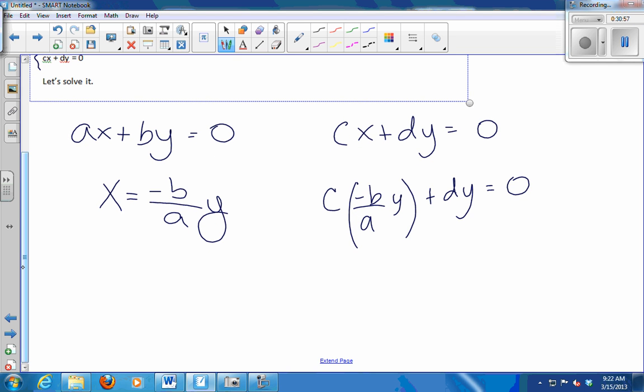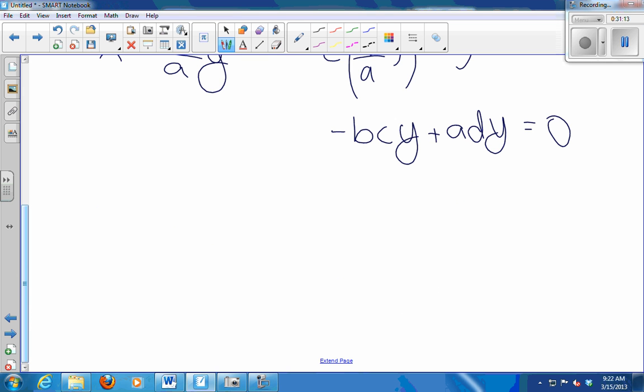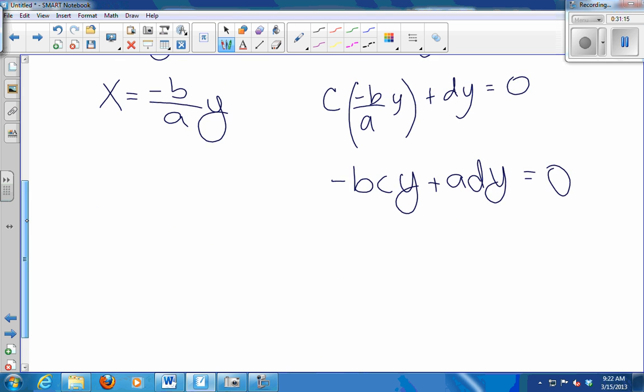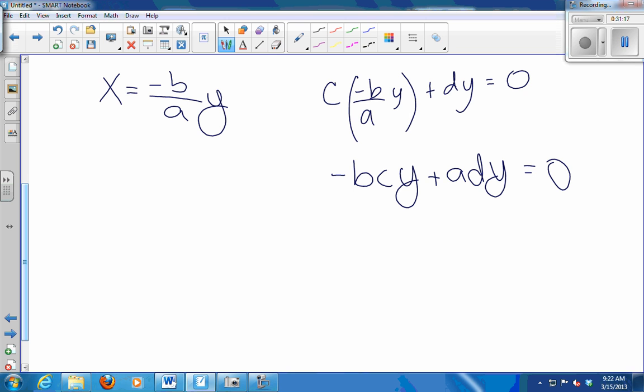Use an old technique that you probably learned in college algebra. When you have fractions, just get rid of them, right? Multiply everything on both sides by a. So I have negative bc times y plus ad times y equals 0. Multiply every term on both sides by a.